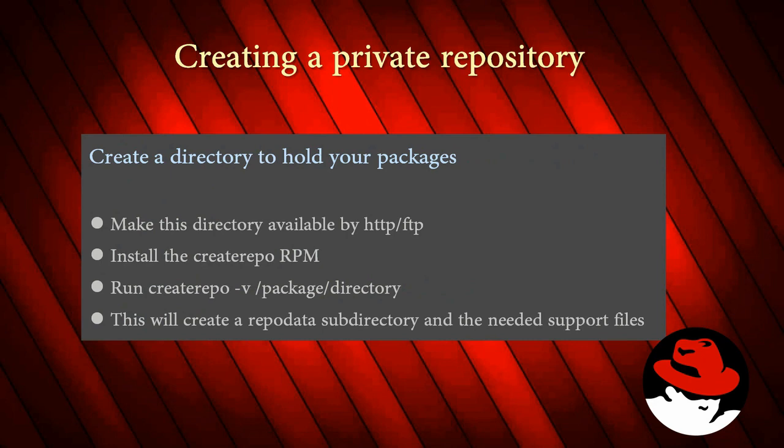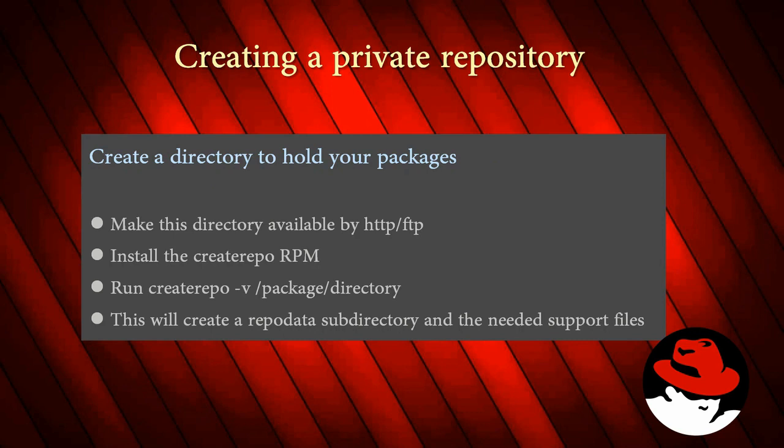You can create a private repository by creating a directory to hold your packages. You have to create a directory first and make this directory available by HTTP and FTP, so that it can be downloaded by other users. You can install the createrepo RPM, then run the createrepo command with a -v argument and the package directory.